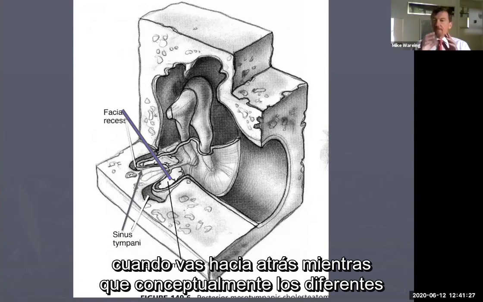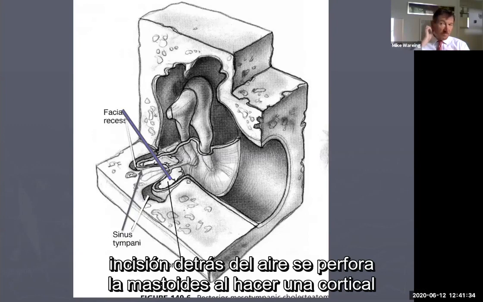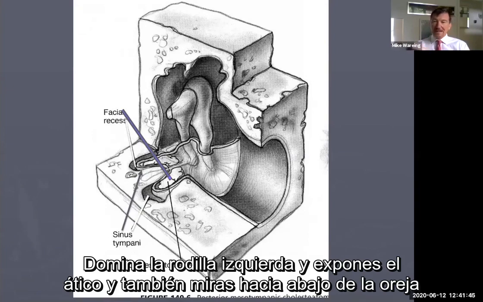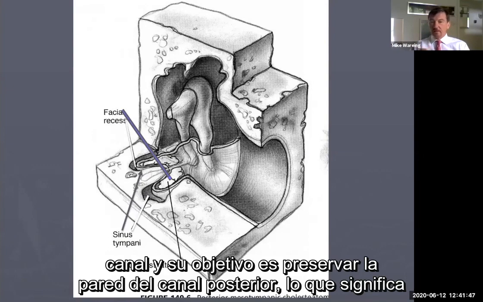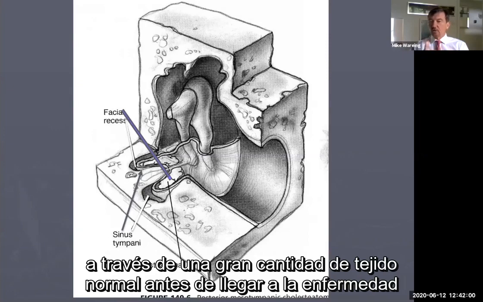Whereas conceptually, the different operation is a combined approach tympanoplasty, where you make your incision behind the ear, you drill the mastoid out, you do a cortical mastoidectomy, and you expose the attic, and you also look down the ear canal, aiming to preserve that posterior canal wall, which means you don't have a cavity in the end of it. But again, the disadvantage is you've gone through quite a lot of normal tissue before you get to the disease.